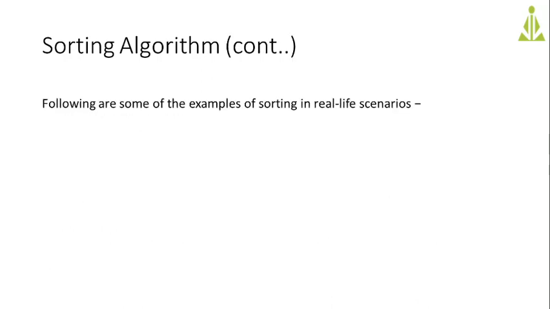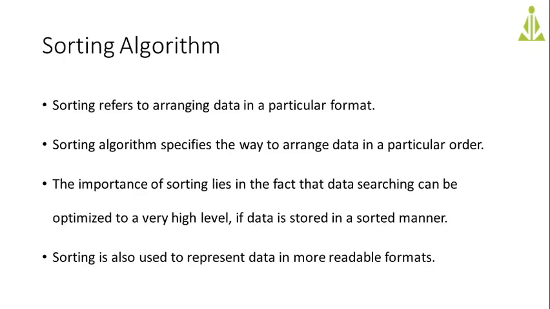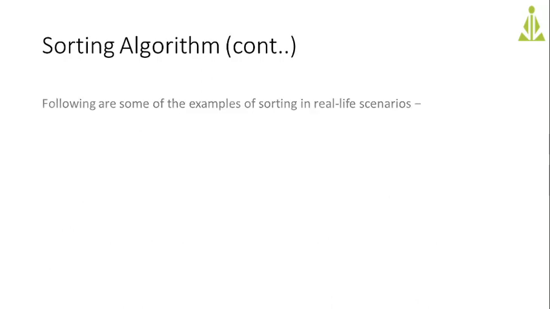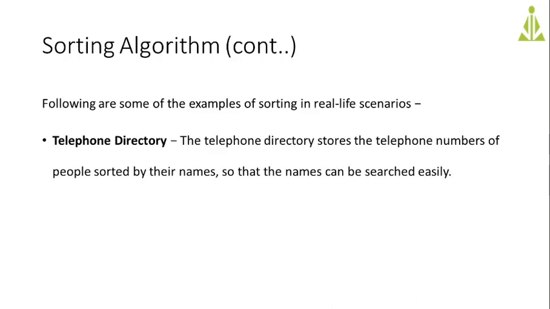Following are some examples of sorting in real life scenarios. What are the real time examples? First one, the telephone directory. The telephone directory stores the telephone numbers of people sorted by their name so that the name can be searched easily.